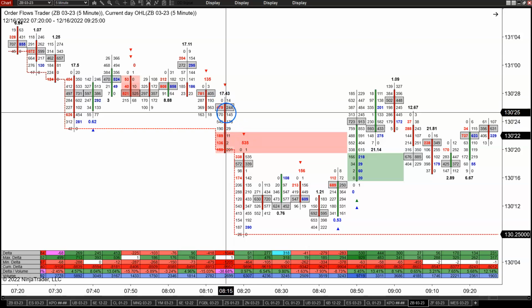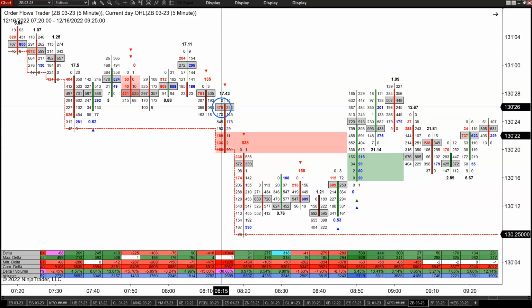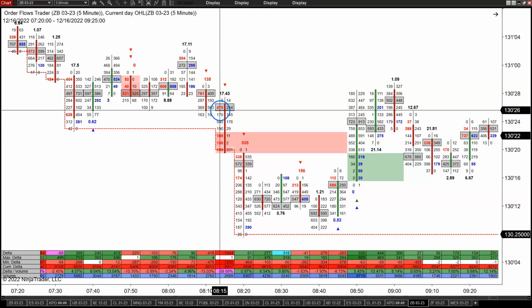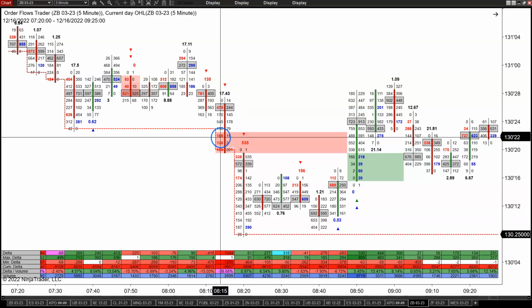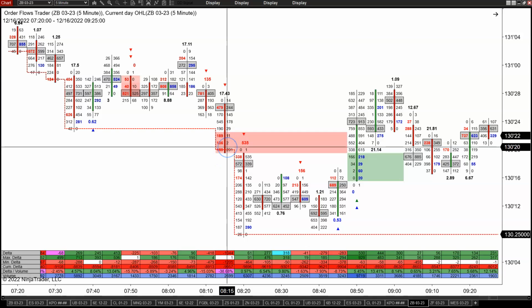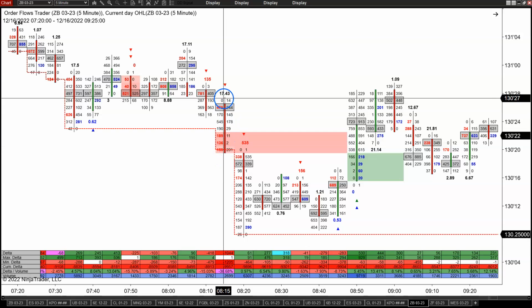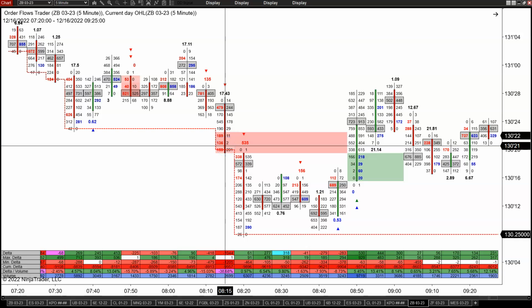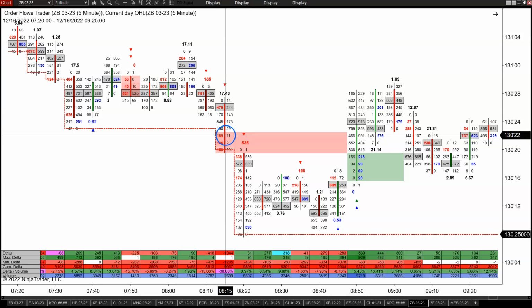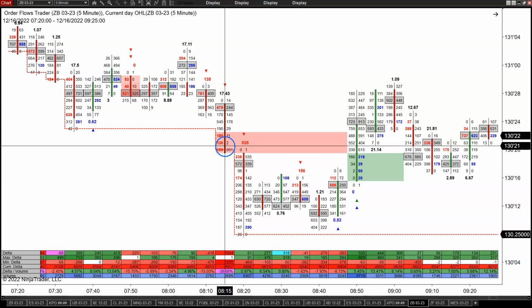This red candle, you've actually got a stacked selling imbalance. You've got one imbalance up near the top, 479 against 14. But down here, you've got 189 against 29, 136 against 11, 159 against 2. So as we're going into the low, we're seeing aggressive selling as we took out that low. Sometimes it's a stop that gets triggered, or just more sellers coming into the market.